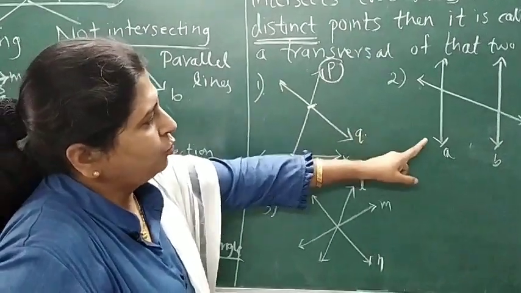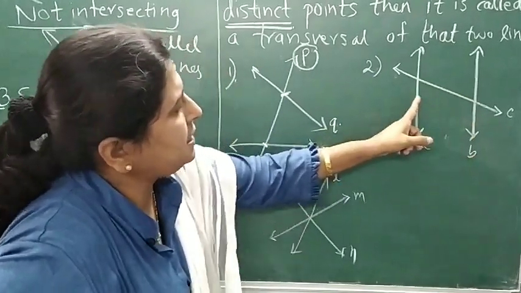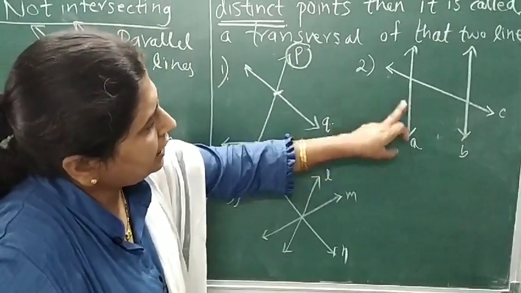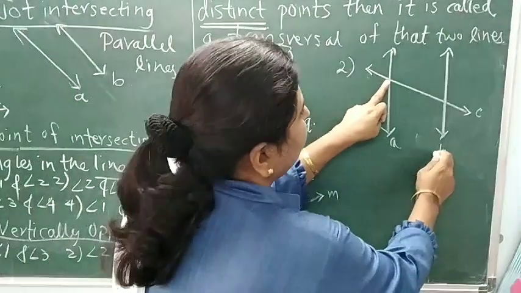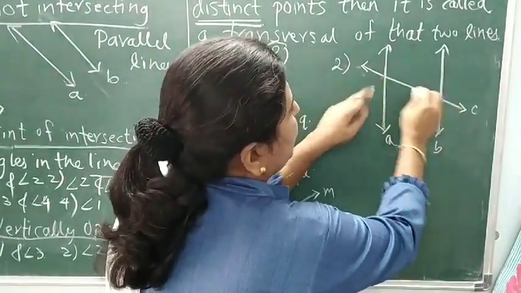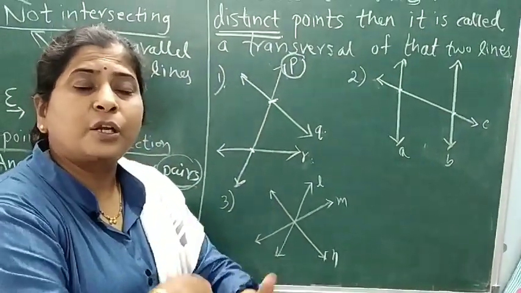Now let's see figure number 2. In figure number 2, we have three lines, line A, line B and line C. Line A intersects line C at this point, correct? And line B intersects line C at this point. So which line is intersecting the other two?